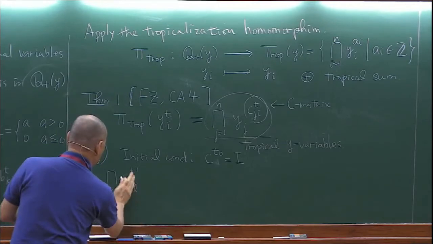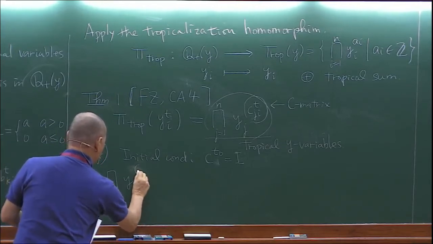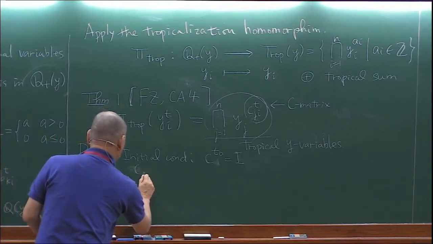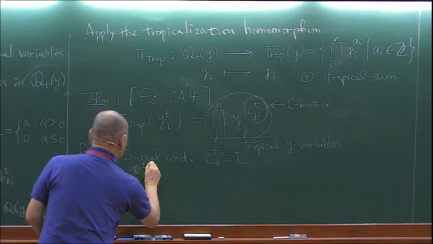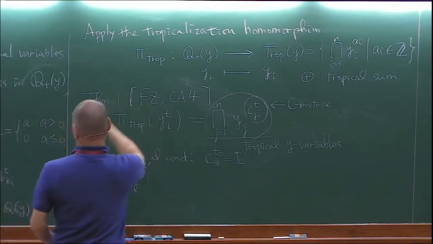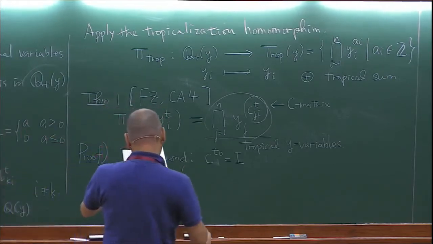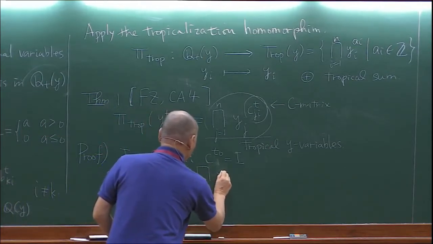The product is always 1 to n, so I omit this. So T prime, and the left hand side you just write everything explicitly.